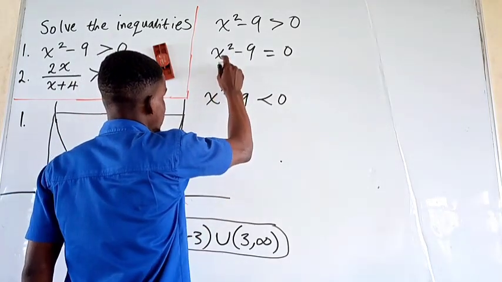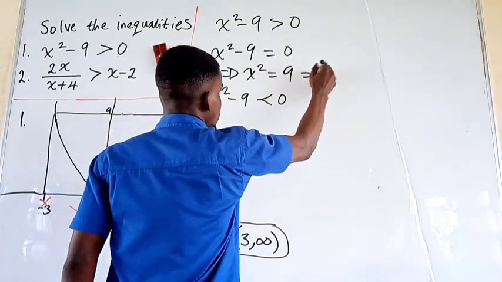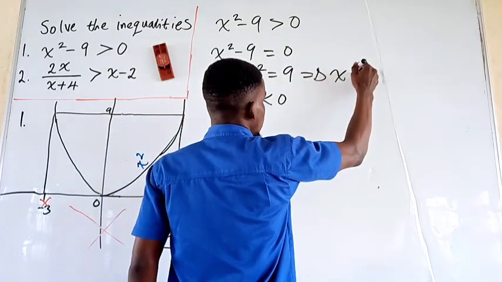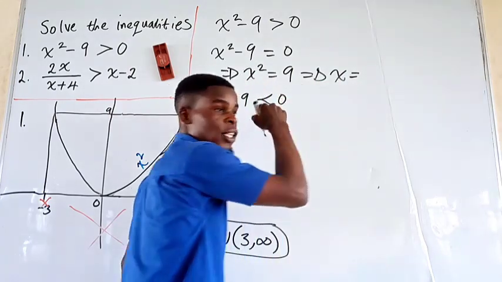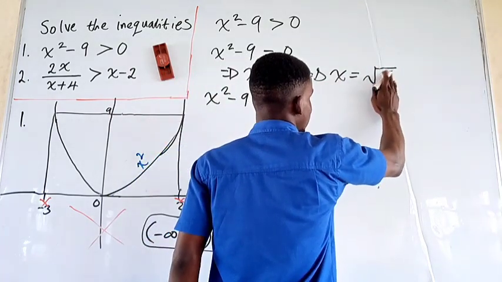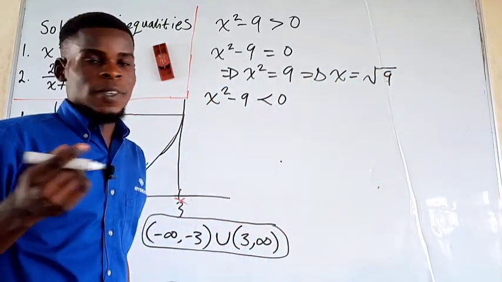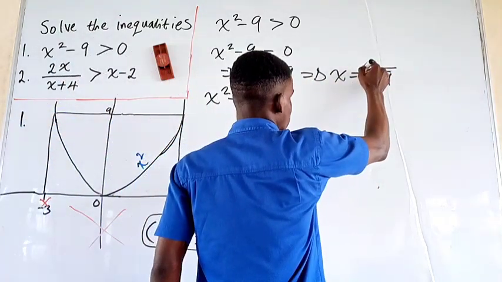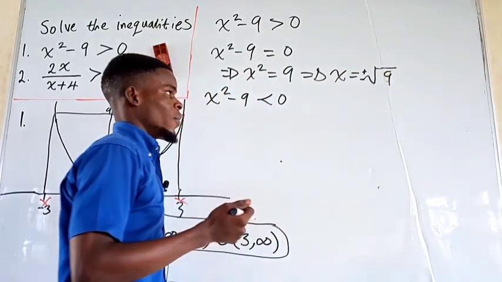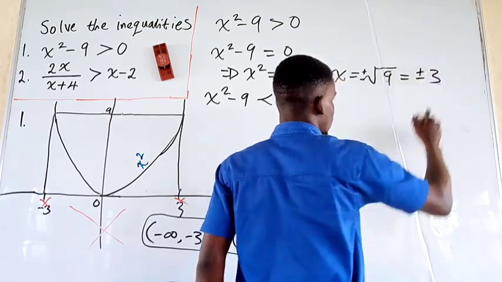We will have, this implies that x squared is equal to 9. This means that x is, if you take the square root of both sides, the square root of 9. But since we are solving for an unknown, we would like to put this down as positive and negative square root of 9, which will give us positive and negative 3.